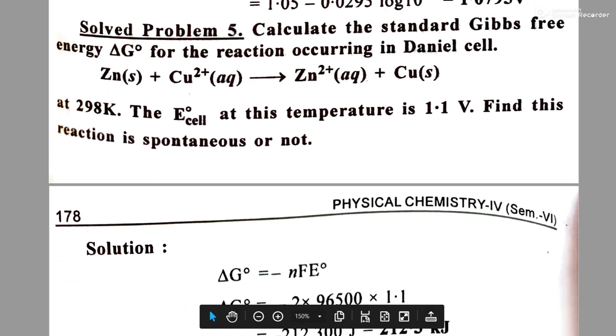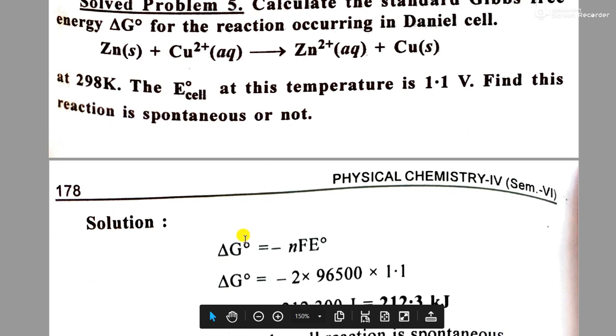So first we have to see the value for delta G0. Delta G0 is equal to minus nFE0.